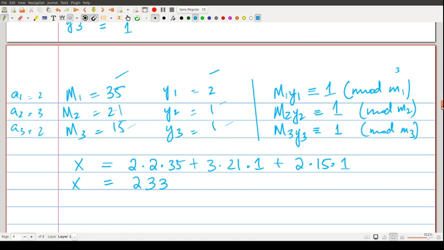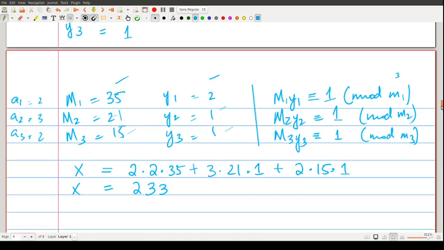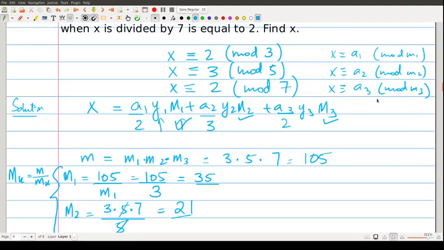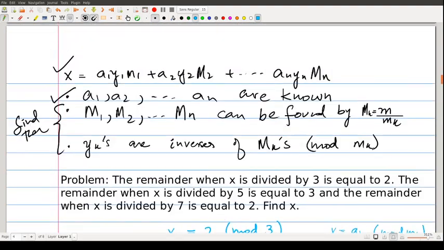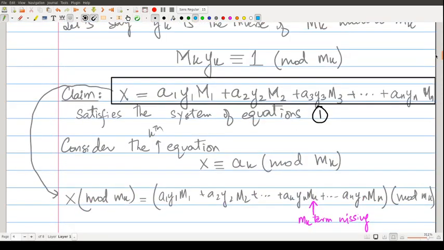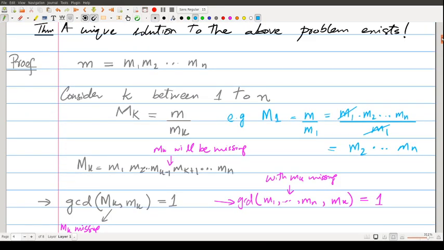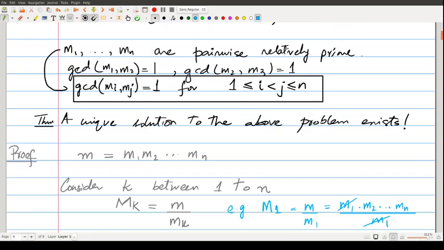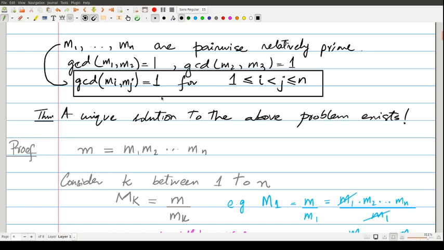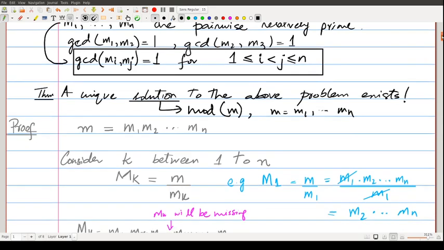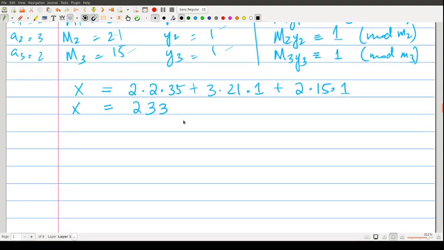Now the important thing is that for this solution, one thing I forgot to write is that when you combine all of these terms, a unique solution exists in mod m, where m is m1 through mn. This number is not just a simple number.